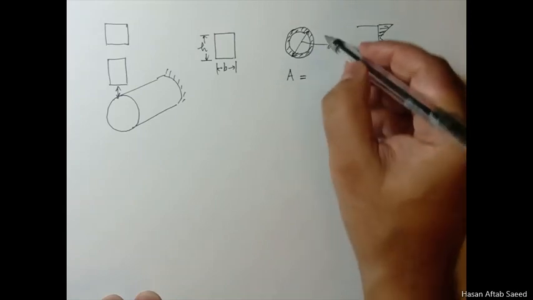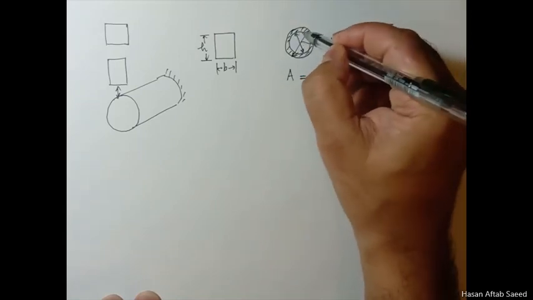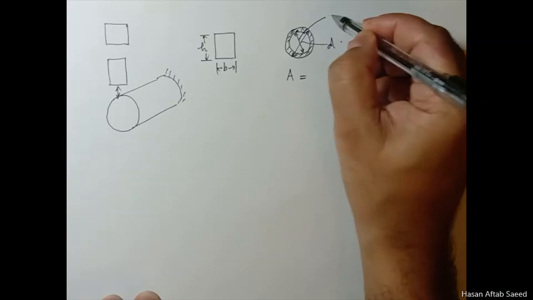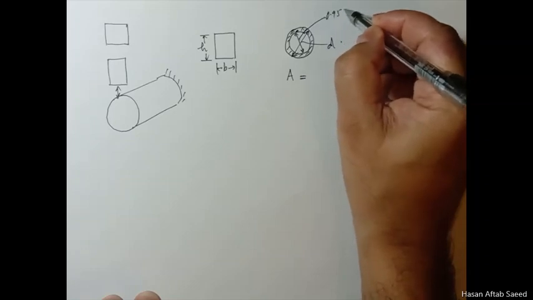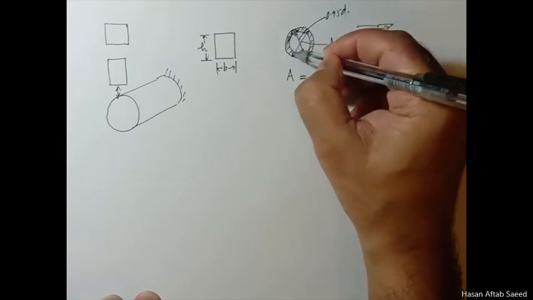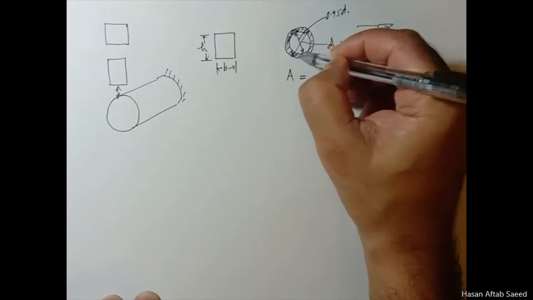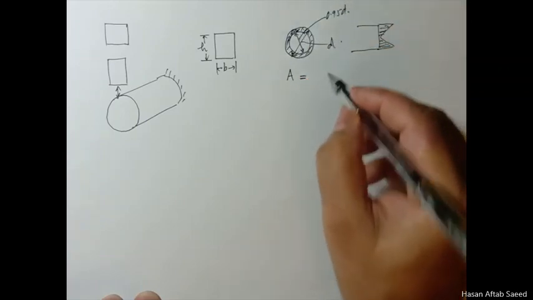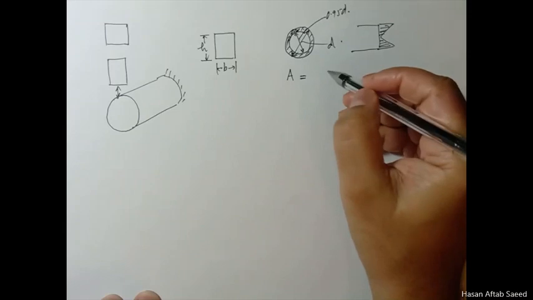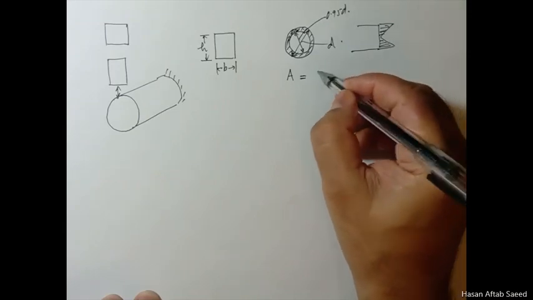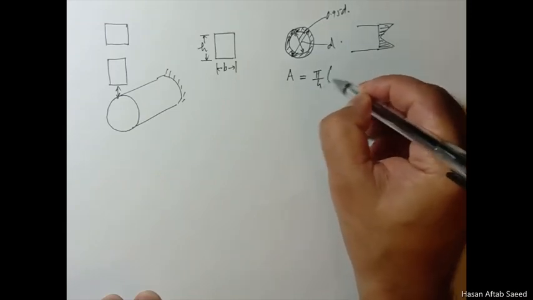So this is the area, hashed area. If I say this is 0.95d, then between this and this, the hashed area, this is the area that sees 95% or more of the maximum stress.